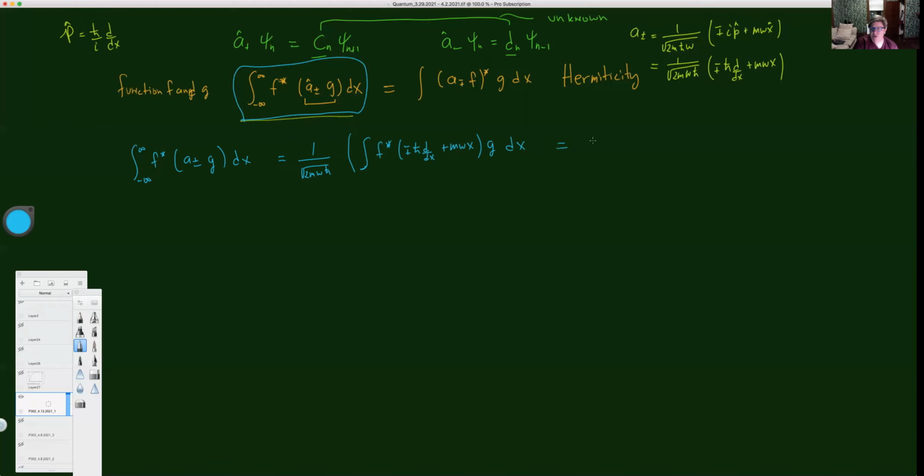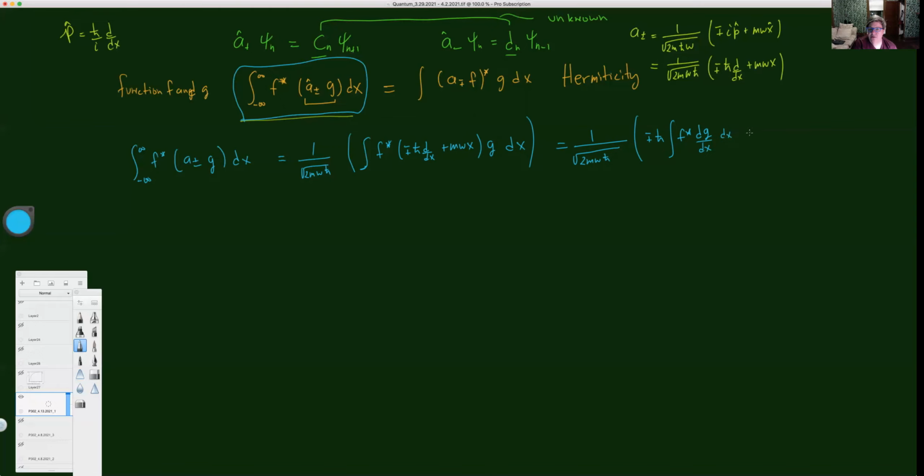Okay, so I have 1 over the square root of 2m omega h bar. Then I have, oops, that's supposed to be a big bracket like that. Okay, so here we go again. We have two integrals. One is minus plus h bar outside of the integral of f star times dg/dx.